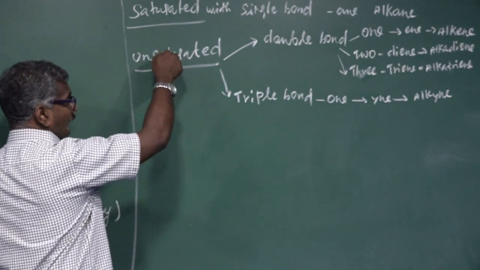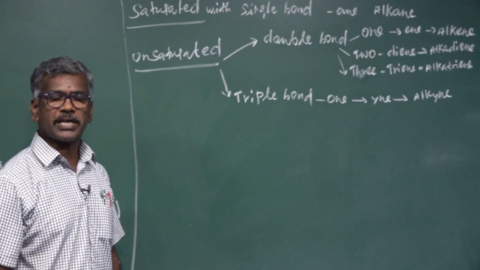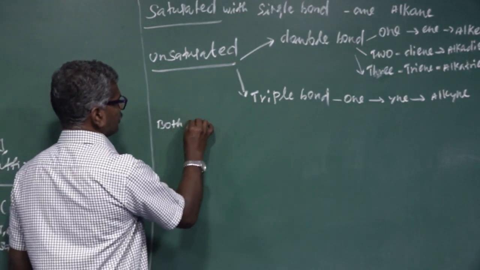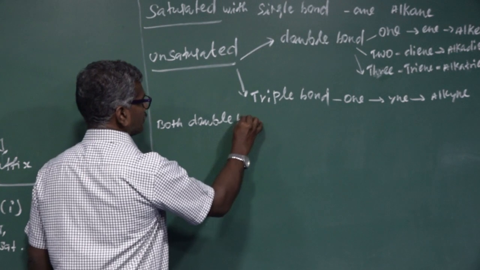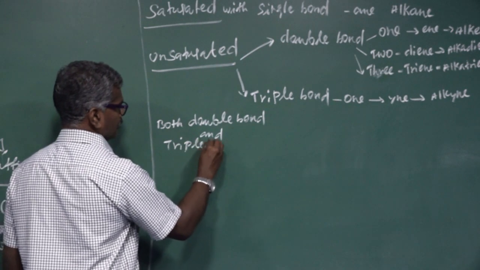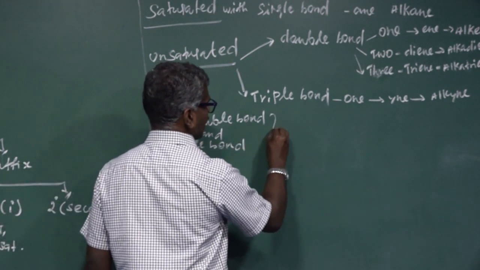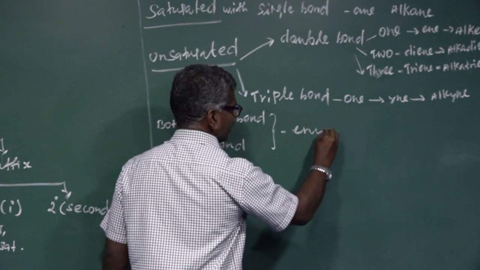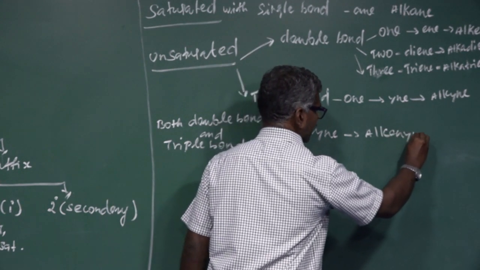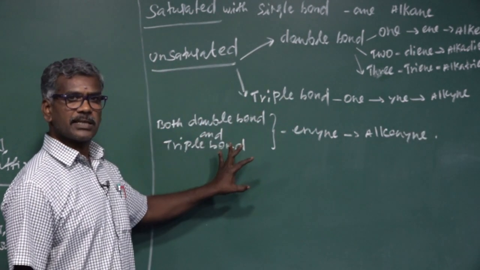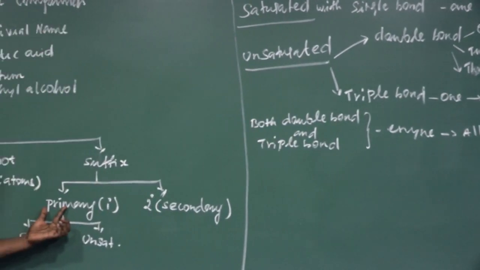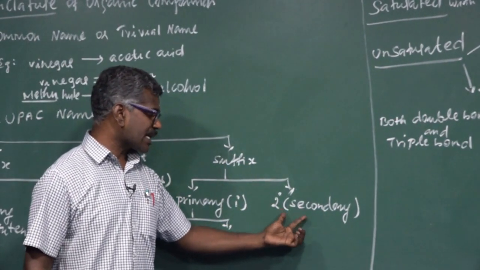If an unsaturated compound contains both a double bond and a triple bond, this name is called enyne. These are the general terms. Saturated and unsaturated are explained by the primary suffix. Another one is the secondary suffix.